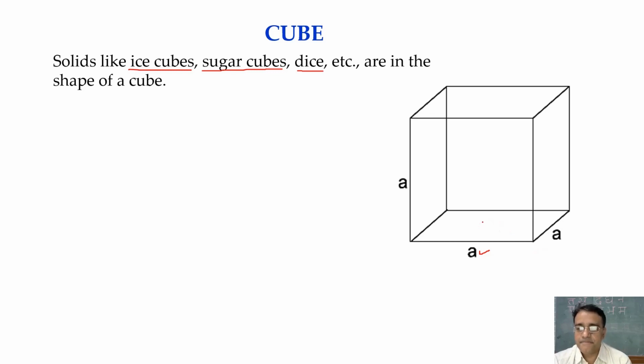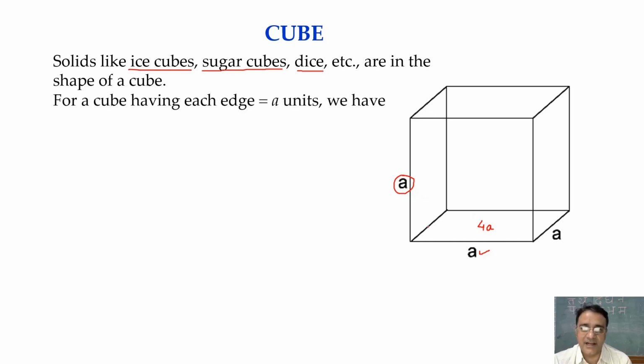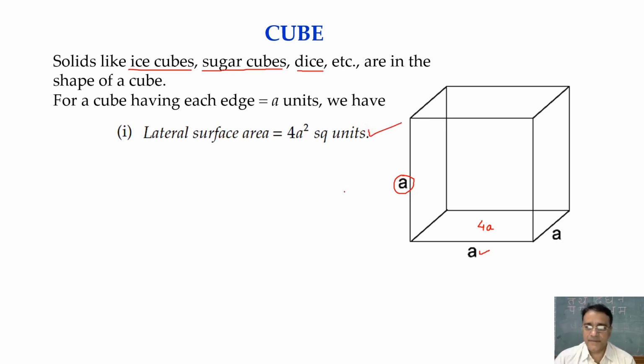All the faces of the cube are squares. So what is the perimeter of this square? 4a. Fine. And what is the height of this cube? a. So 4a into a, that means 4a square is the lateral surface area. Any doubt? No. Okay. So that is the area of 4 walls in case of cube.